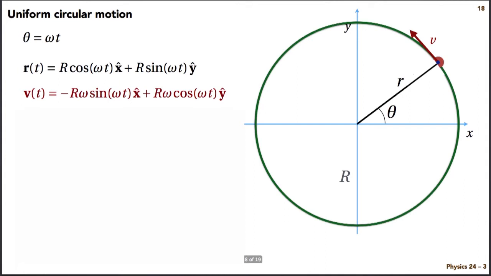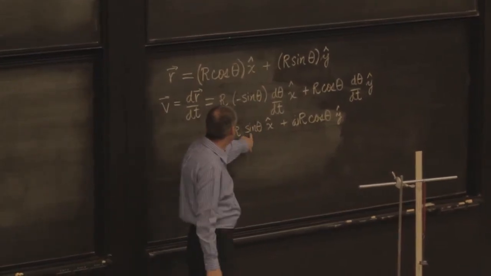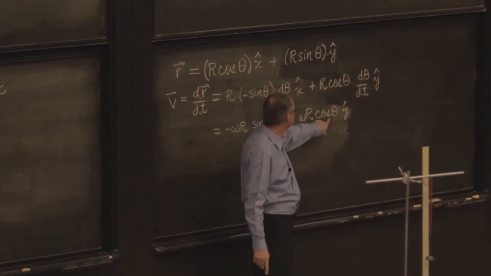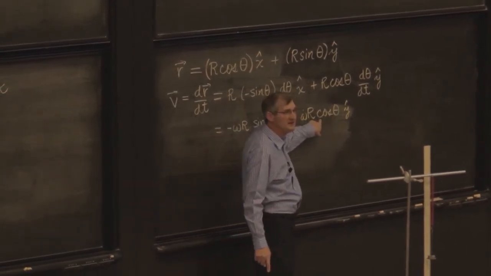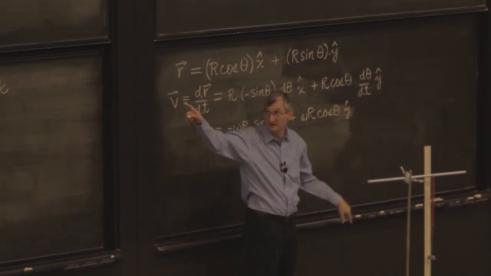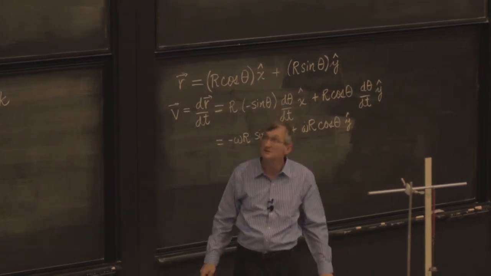Okay, so let's check it out. Suppose that theta goes to 0. Then this term goes away, and the cosine goes to 1, so it would be entirely straight up, right? Is that what you expect from the picture, if theta goes to 0?